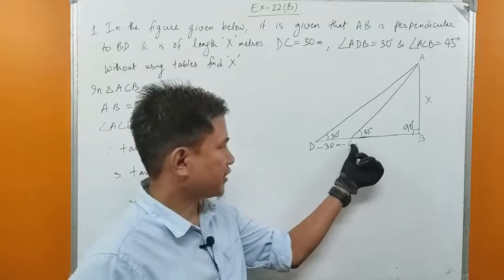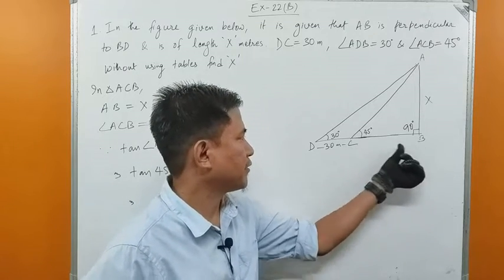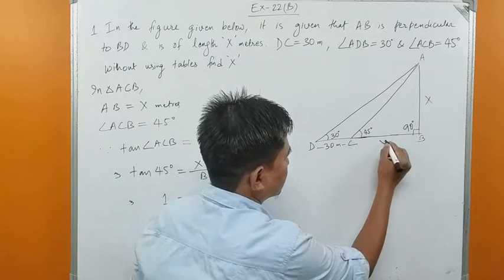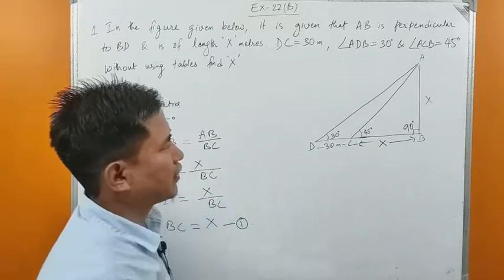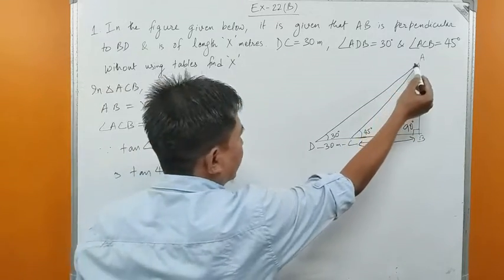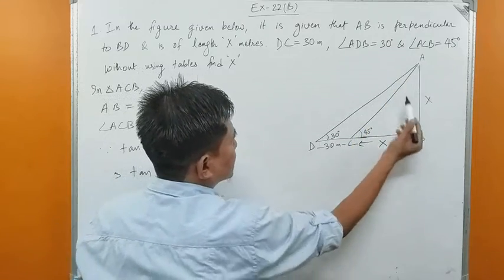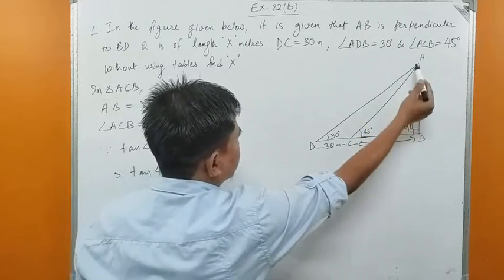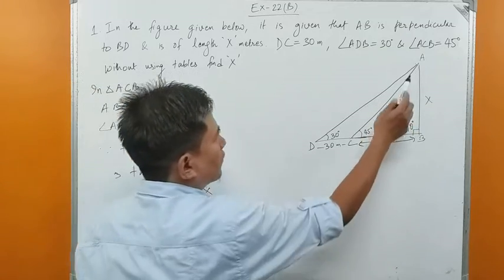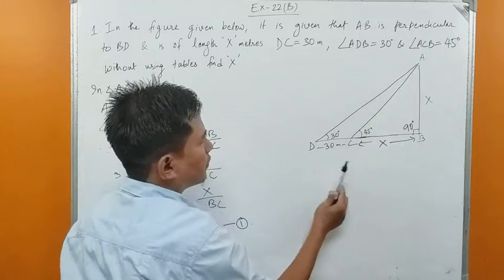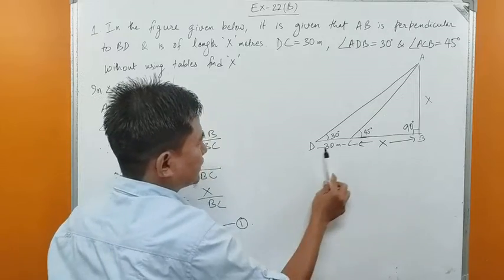This means the distance between the point C and B is x meters. Now from triangle ADB, the bigger triangle, we apply tan theta. Here also the perpendicular will remain AB, but the base will be BD.